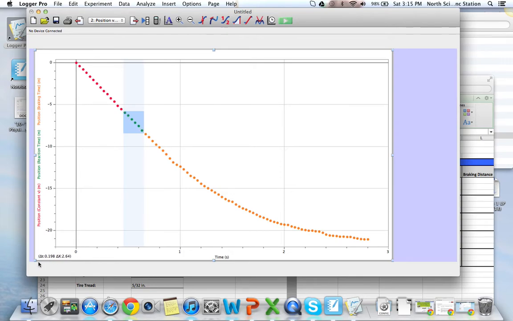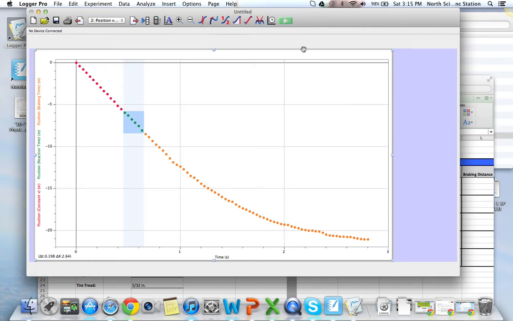Then down here in the lower left-hand corner, it gives you your change in time data and your change in position data. So this is really important when it comes to being able to fill in that table easily. You can find how much time elapsed during your reaction time, and how much position change elapsed, your distance in other words, during your reaction time also. So that's a very helpful piece.